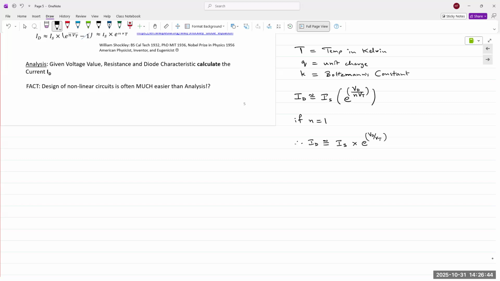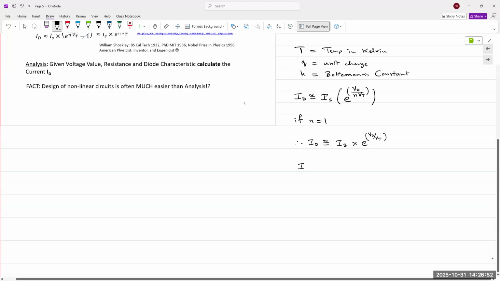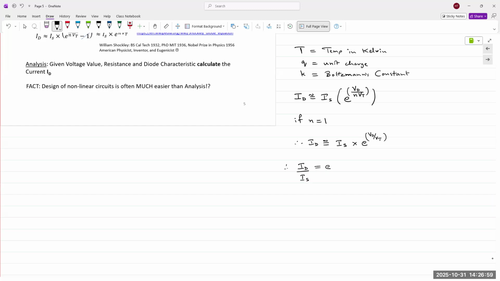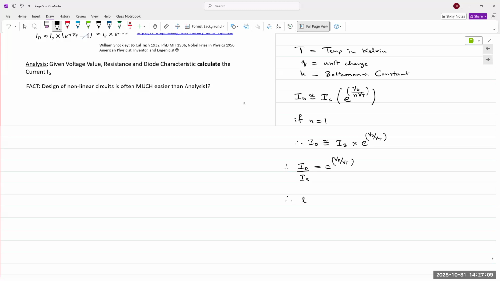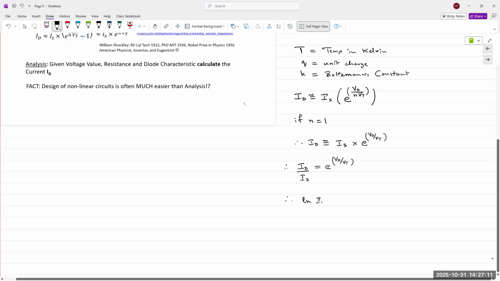Now, if you want to find voltage from the diode current, we can also flip it. What we can do is take IS on the other side. So we get ID over IS equal to e raised to VD over VT, and then take log of both sides.